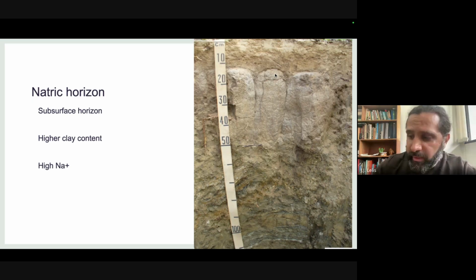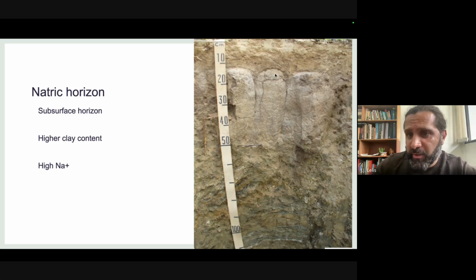The natric horizon is quite common in dry lands, in areas that don't have a lot of water, because this low amount of liquid water could induce the salt precipitation and then the chemical dispersion, okay? These natric horizons commonly have high activity clays, as I said. They are commonly eutrophic. We have much more bases than aluminum. It's much more common in low weathering and low leaching conditions, okay?